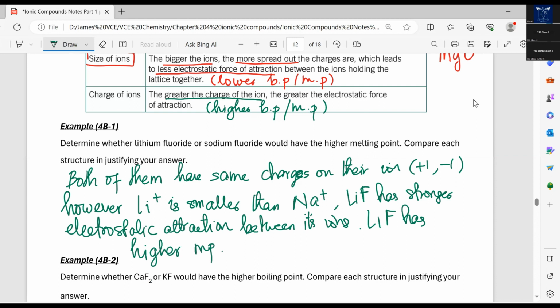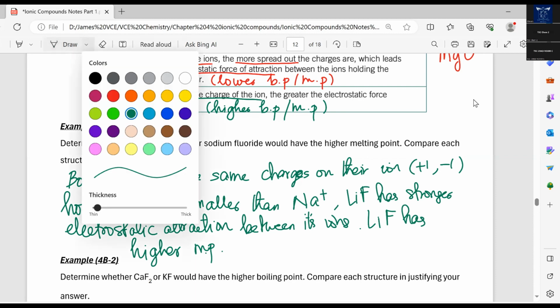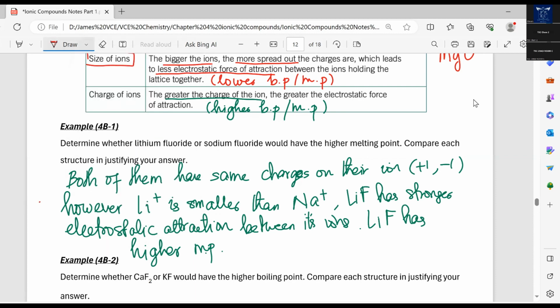Okay, I know it's a little bit long, but what are the key points that I'll be looking for, or rather the examiner will be looking for? If they give you 3 marks, you need to mention that they have the same charges on the ions. This is a little bit of extra here. This is normally going to be 1 mark, but you need to mention it, and then stronger electrostatic force of attraction.